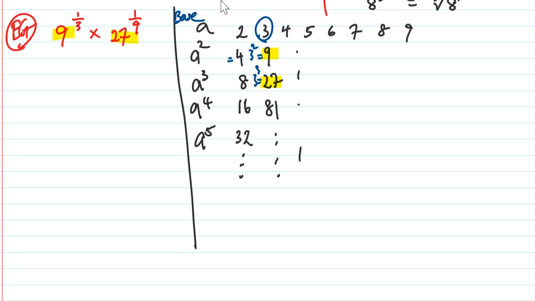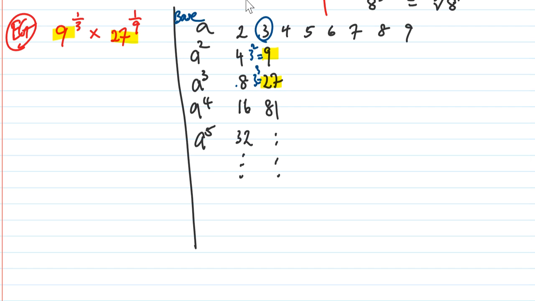Likewise, 4 is 2 square, this is 2 cube, and 2 to the power 4, and so forth. Having a table like this is very useful at the start, but over time you wouldn't need this. It's just helpful at the start if you're not too familiar with the numbers. Let me clear this so that I don't confuse, and let me restart this as well.